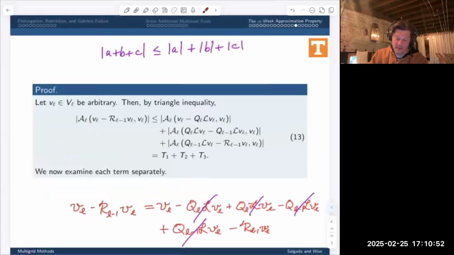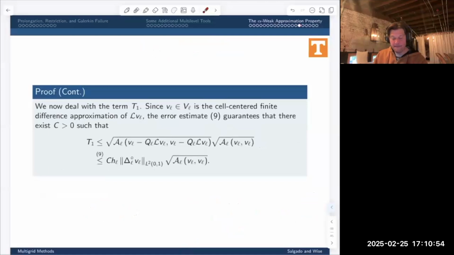Okay? So now, if we're looking at VL, VL is just the finite dimensional approximation of this guy. So that means that we can apply that error formula from 9 to this object here. So this is our cell-centered finite difference approximation, and all we have to do is realize that this is a cell-centered finite difference approximation of that lifted function.